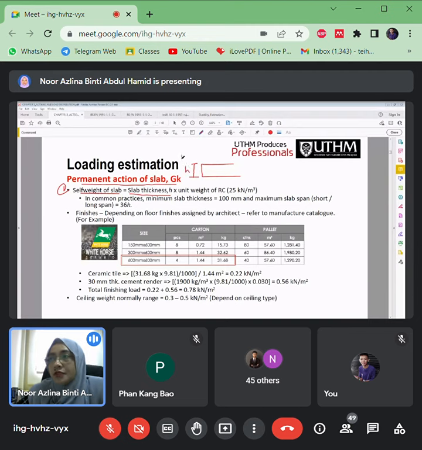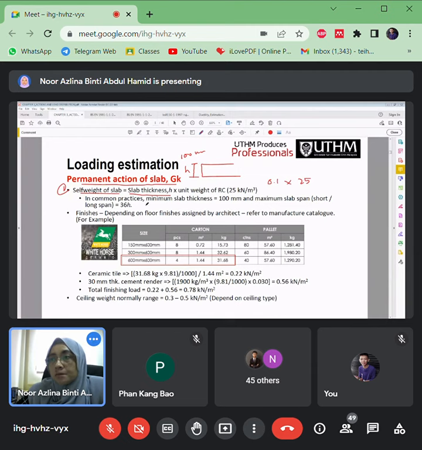Let's say 100 mm. You have to multiply with the unit weight of concrete, which is 25. So 0.1, make it in meters, multiplied by 25 here. So you will get kilonewton per meter squared.